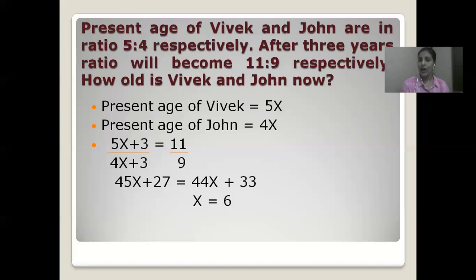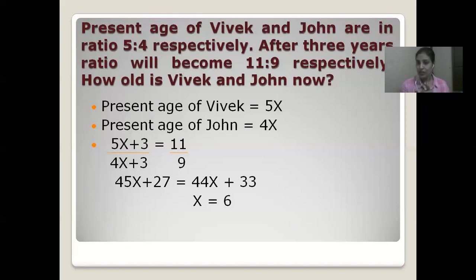So again, after 3 years, the ratio will become 11:9 respectively. So what happens to this equation? I already told you the ratio is always treated as a fraction. After 3 years, what happens to Vivek's age? After means you have to add 3. So 5x plus 3.